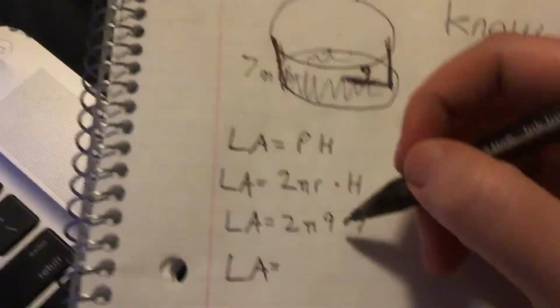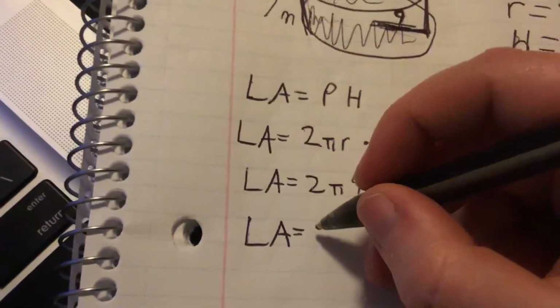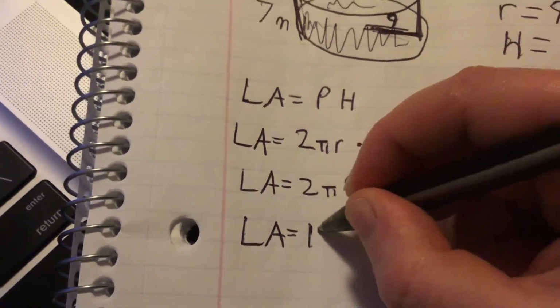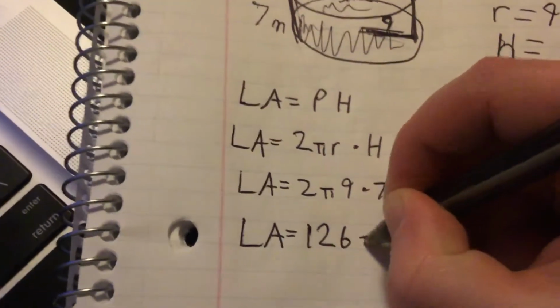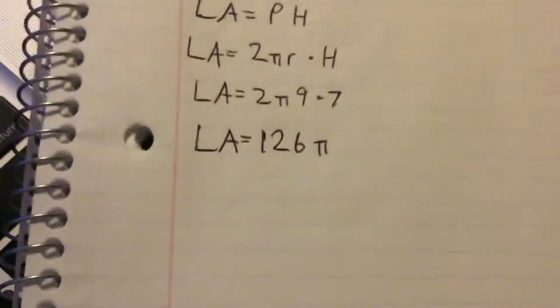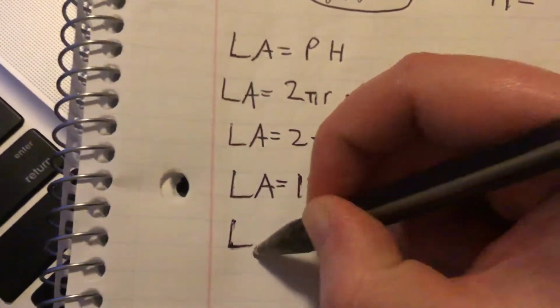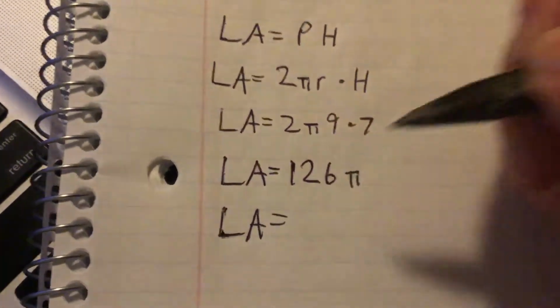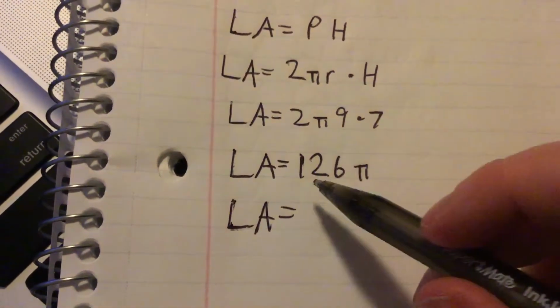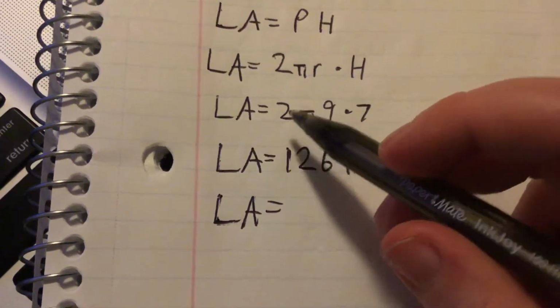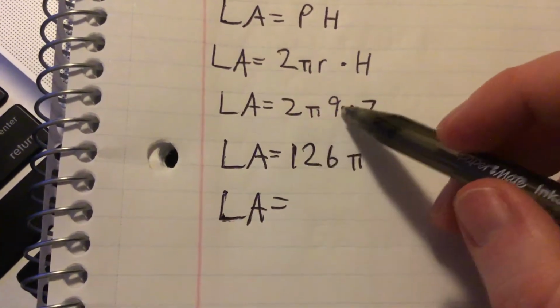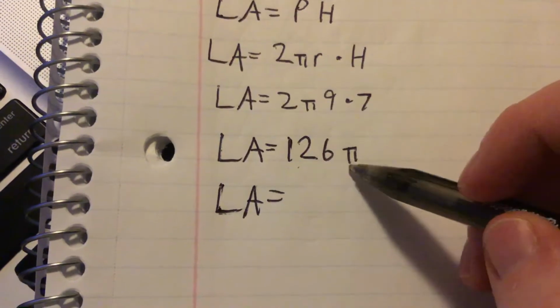So 2 times 9 times 7 is 126 pi. Okay. And then LA equals, so first you'll plug in 2 times 9 times 7 to get 126.